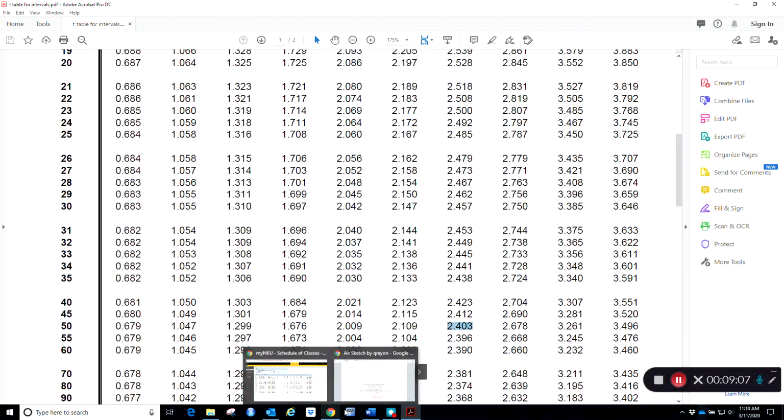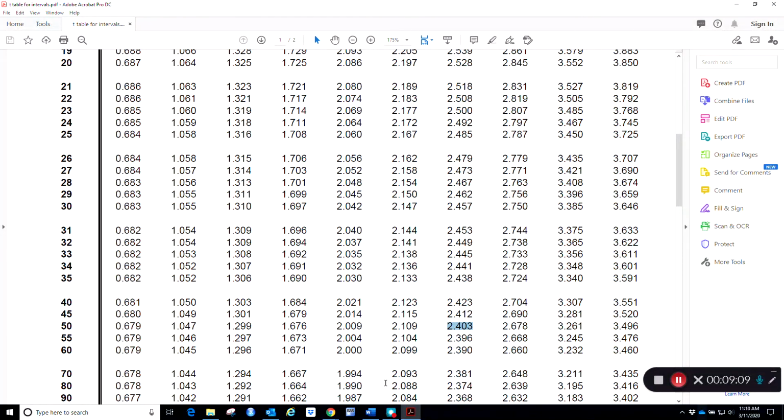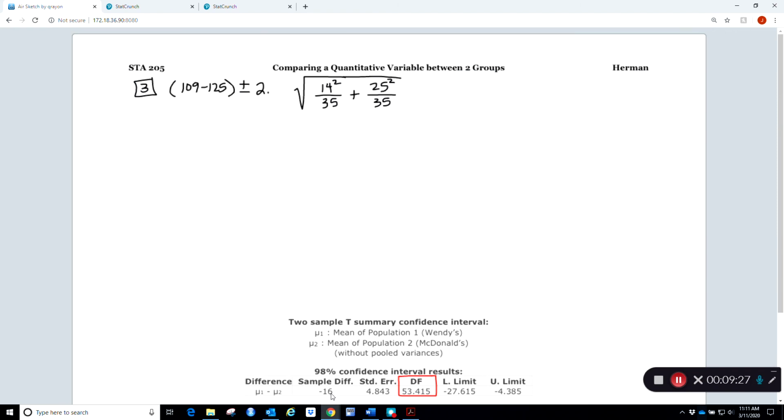So for that reason, I'm going to choose the 2.403 to be my t. So I rounded down to 50. So now I can take that number and put it up here in my formula.